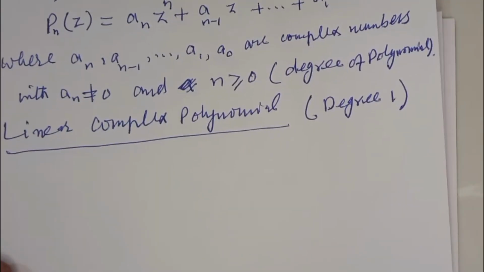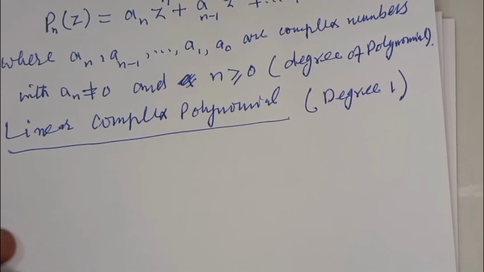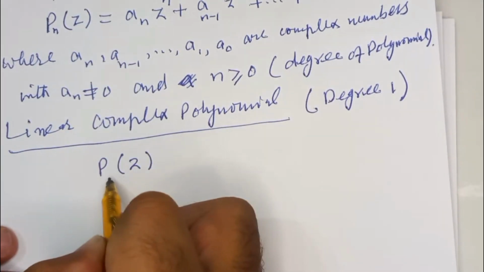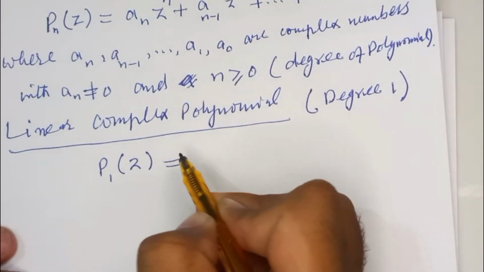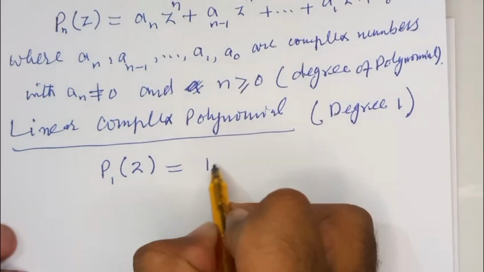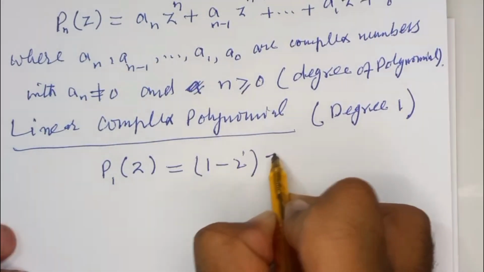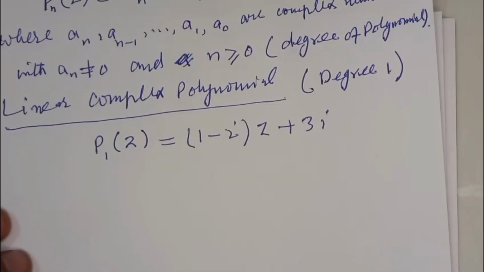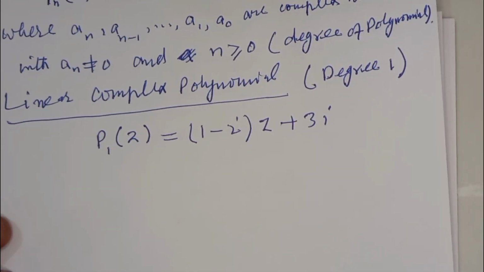Degree is the highest power of the variable involved. So we write the polynomial in Z with degree 1 equal to, for example, 1 minus iota into Z plus 3 iota. This is an example of a linear complex polynomial.